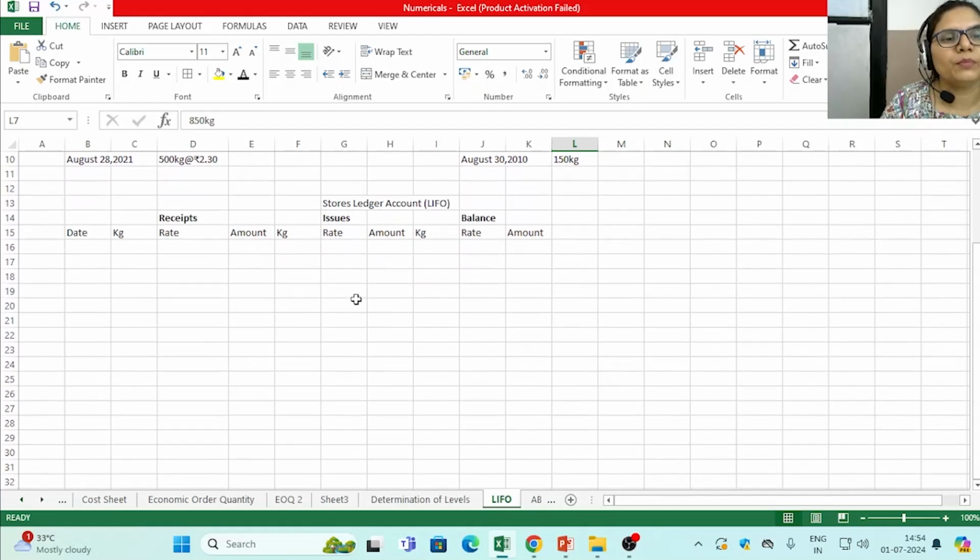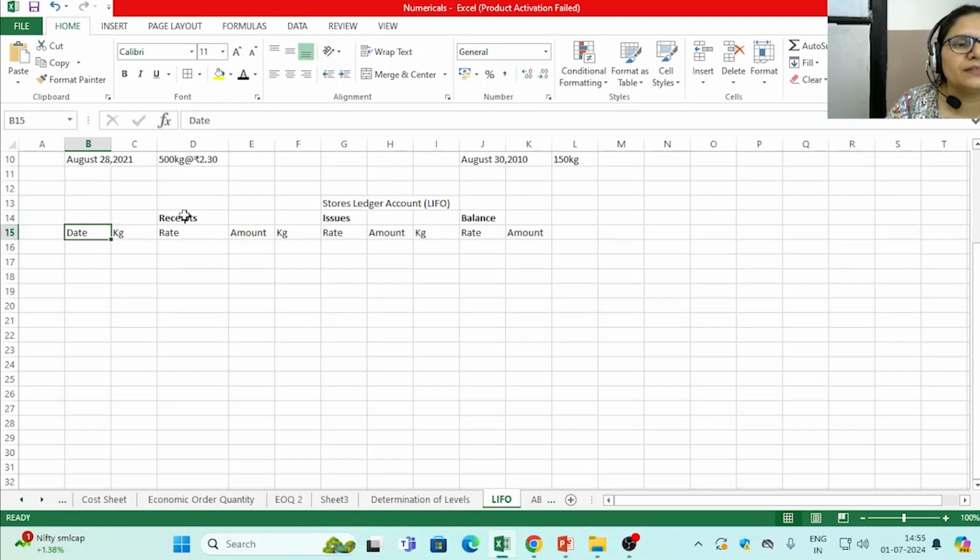Before taking the problem, we need to have a certain format. For preparing the format of the LIFO account, we need 3 columns, shown in the given manner. First, write Store Ledger Account, and in brackets write the LIFO method, or whatever method you are following.